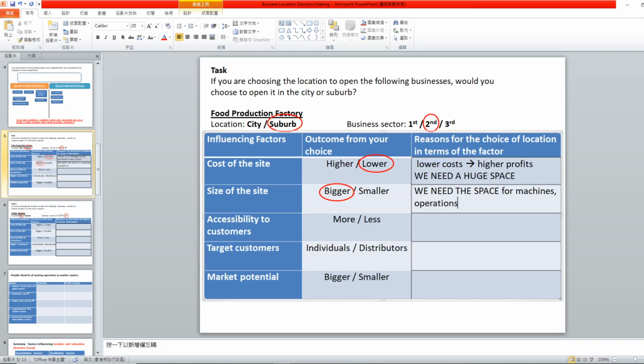You could further develop your points in the factory.